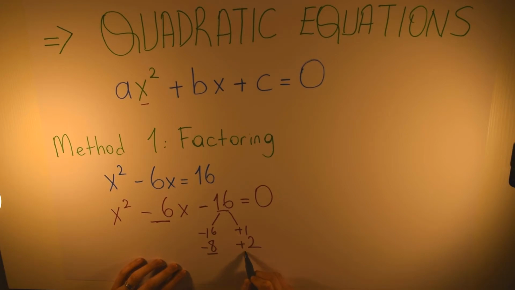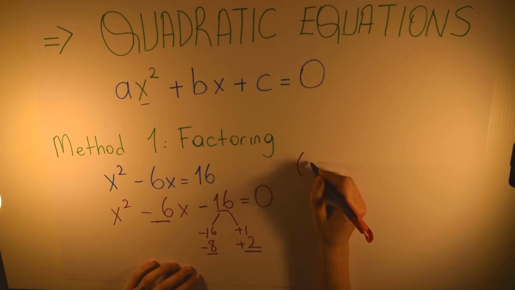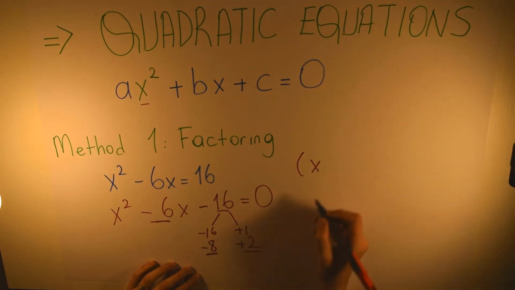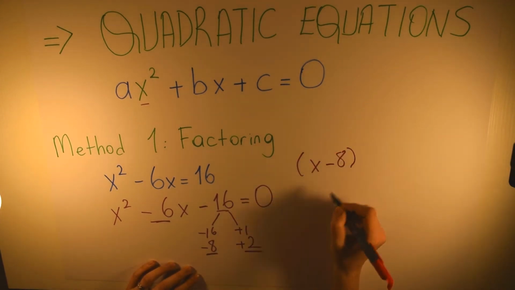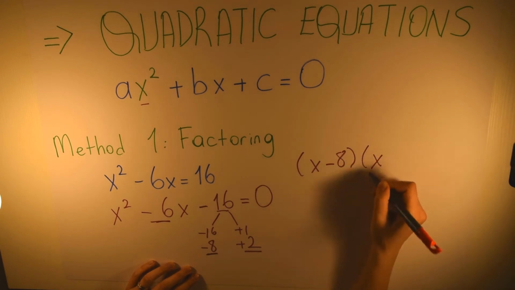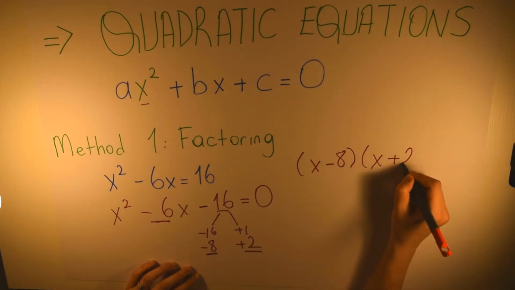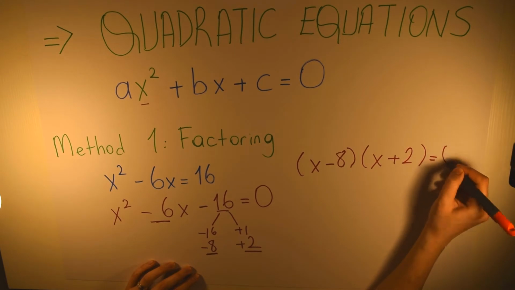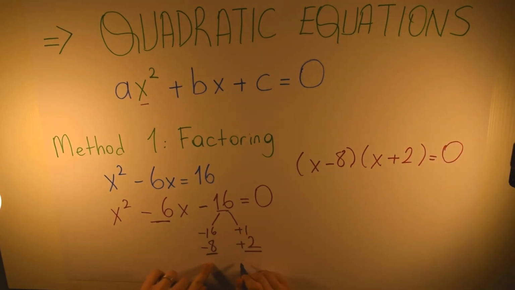These are the right factors for us to solve this problem. I write them as x minus 8 times x plus 2 is equal to 0. So I factor them here.